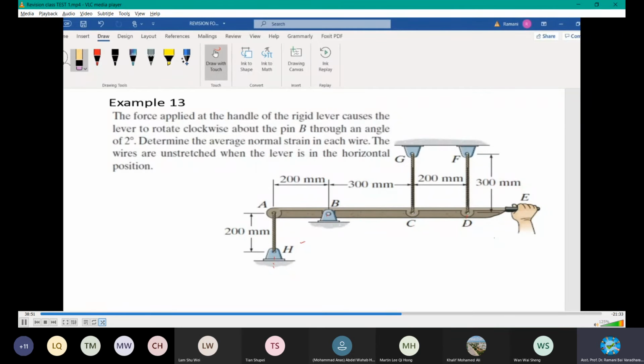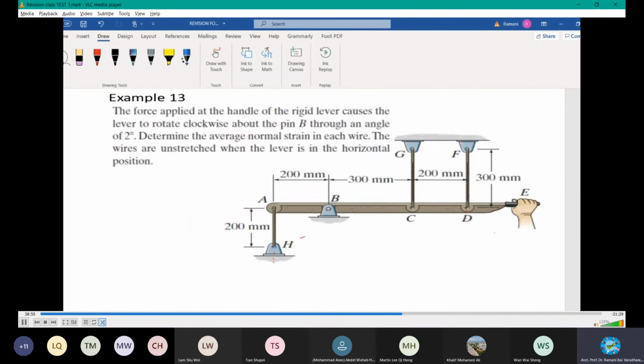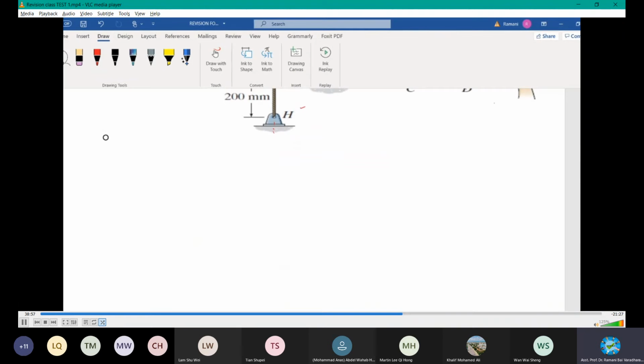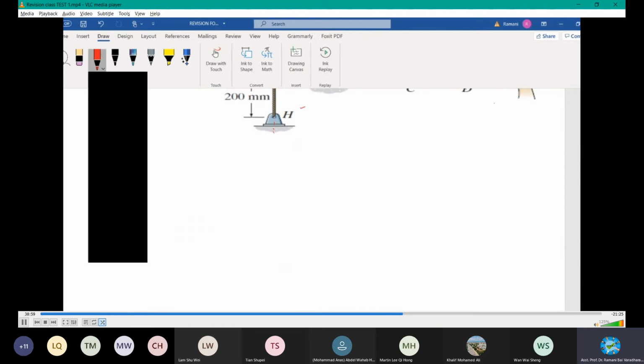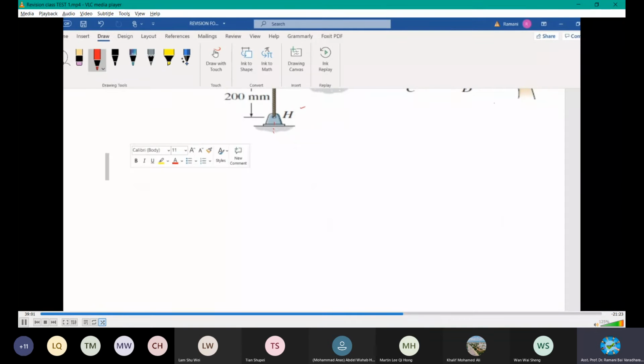Right. Whether I can remove this one, okay. Given data, write down the given data. Please work along with me.